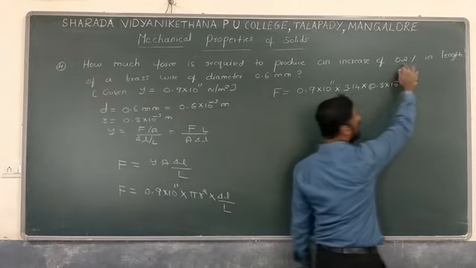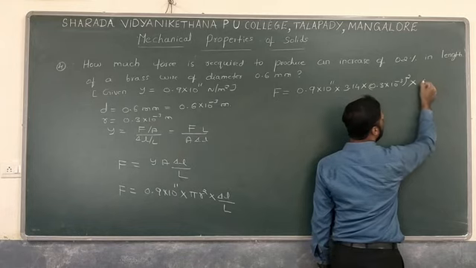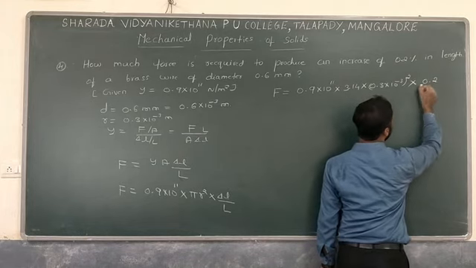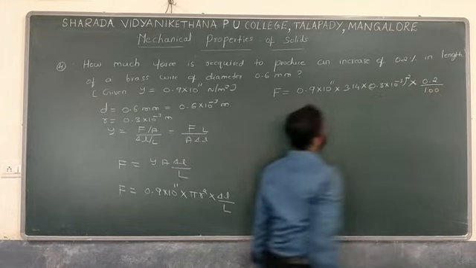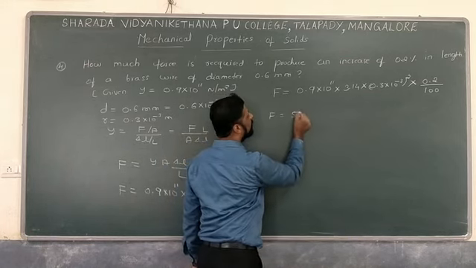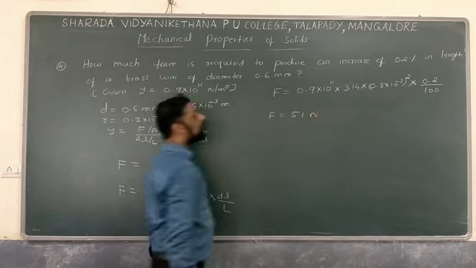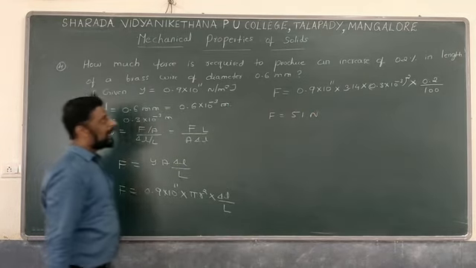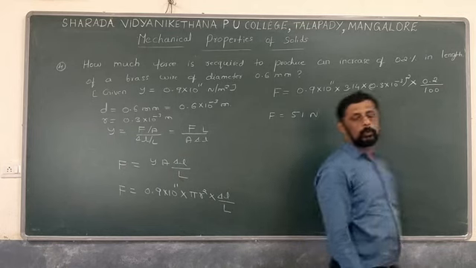That value is given 0.2%. I can write it as 0.2 divided by 100. So simplify these values, then you get F is equal to 51 Newton. This is the force required to produce an increase in length of 0.2%.